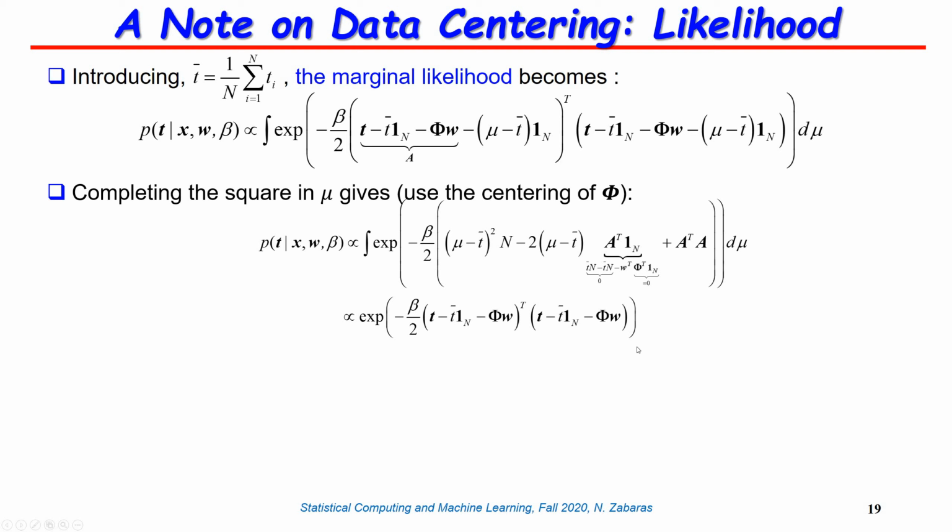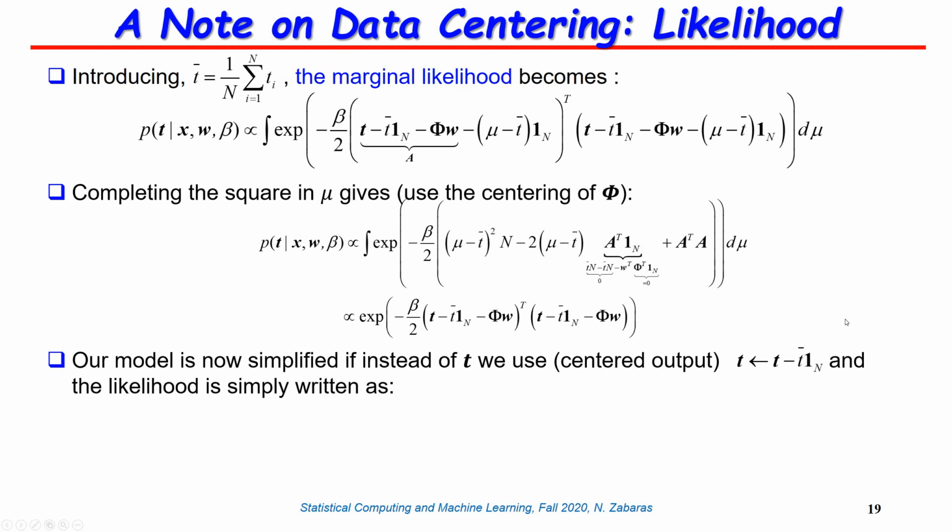And this equation almost looks like the quadratic term in our original likelihood model, with this W not having any bias terms on it, and we can make this look exactly like our original problem by centering our target values t. So here's the idea.